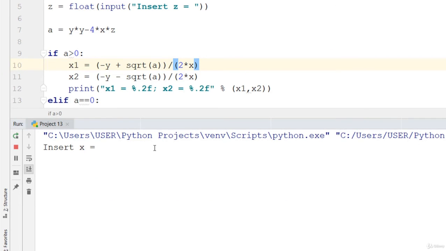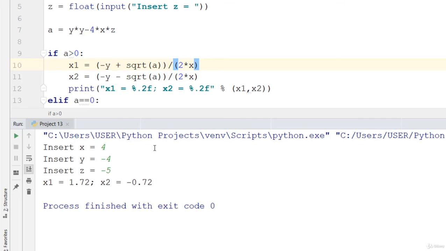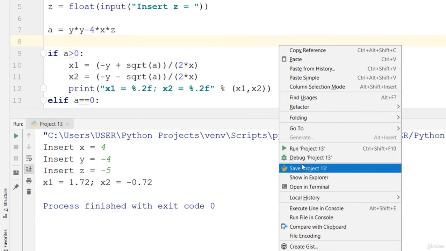Let's say we have 4 and -4 and 5. Let's say -5, and then the result is x1 is equal to 1.72 and x2 is equal to -0.72.